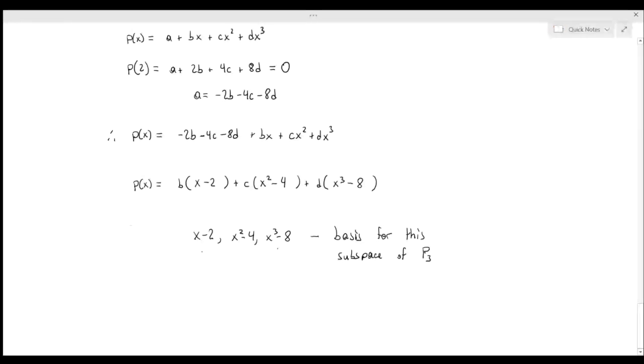And because there are 3 vectors or 3 polynomials in this basis, that means the dimension of this subspace is going to equal 3. All right. So any questions about that example?